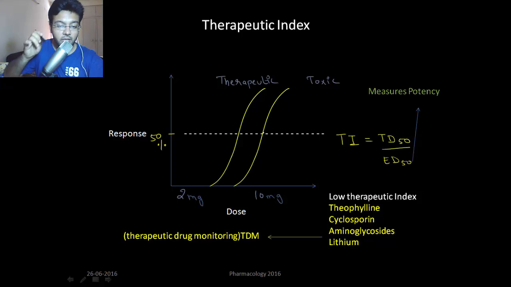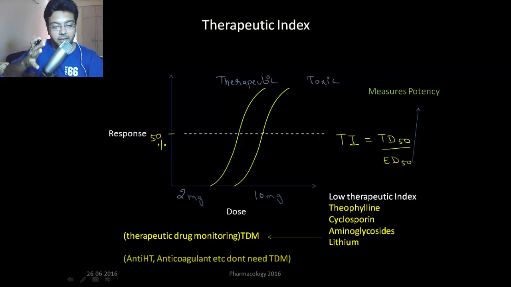These drugs' concentrations have to be monitored in plasma, right? This requires therapeutic drug monitoring. In contrast, certain drugs like antihypertensives and anticoagulants don't need therapeutic monitoring. Why? Do they have a wide therapeutic index? No. The actual answer is that these drugs can be easily measured by their external effects.